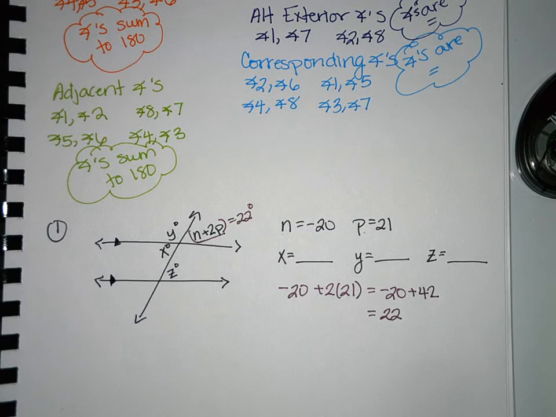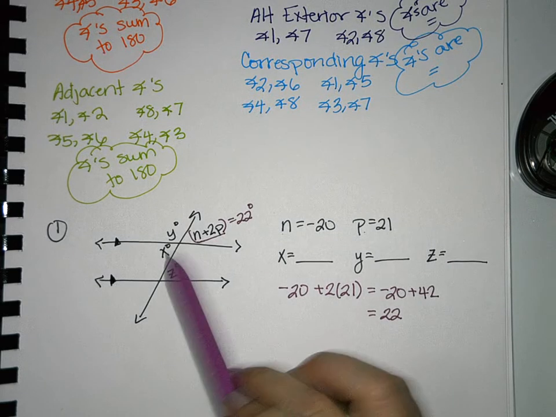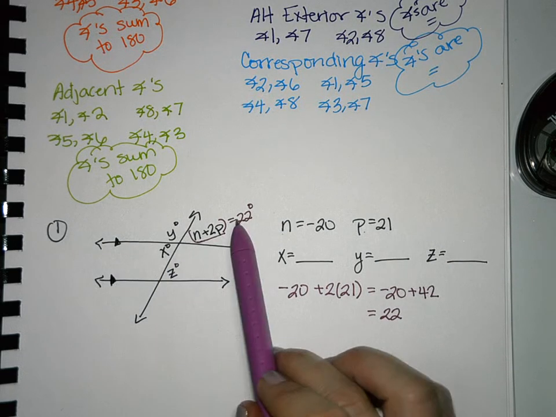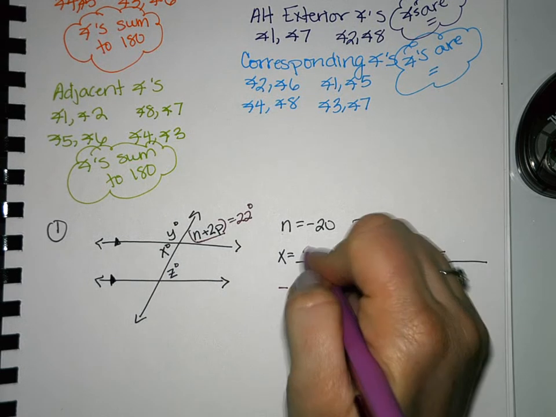So now what I'm going to look for are the relationships x, y, and z have with that 22. So in looking at this, can anyone tell me a relationship they see? Aliana. X and that angle that you just did, they're vertical. These 2 angles, the 22 degree and x, are vertical, which means they're equal.